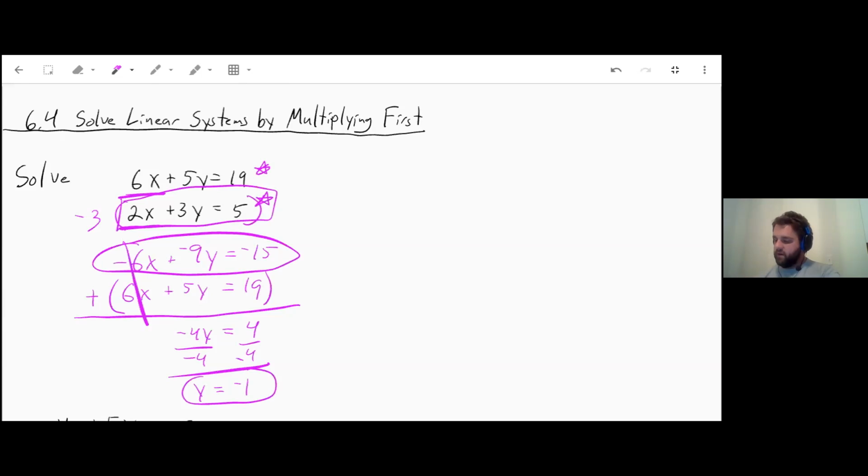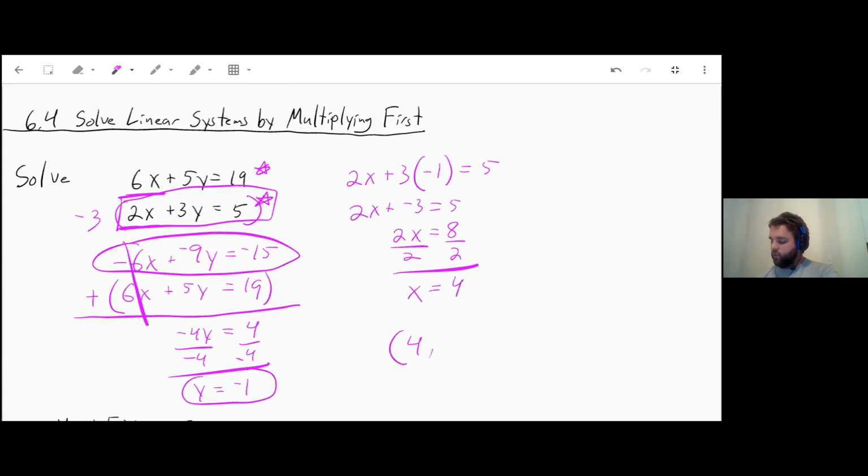So I'll do that one. 2x plus 3 times -1 is -3 equals 5. We can add 3 to both sides, and we get 2x equals 8. Then we can divide both sides by 2, and we get x equals 4. So our final answer was (4, -1).